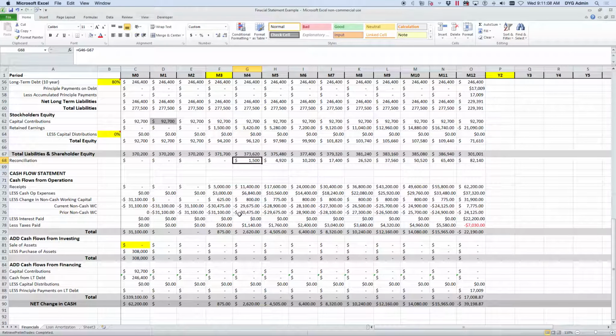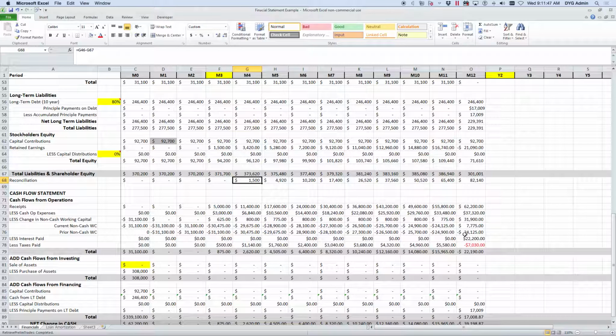So let's look down here maybe. Something that changed by that amount. Operating expenses maybe. Nope, not really. No sale assets, purchases. Nope, that all looks good. $22,190.